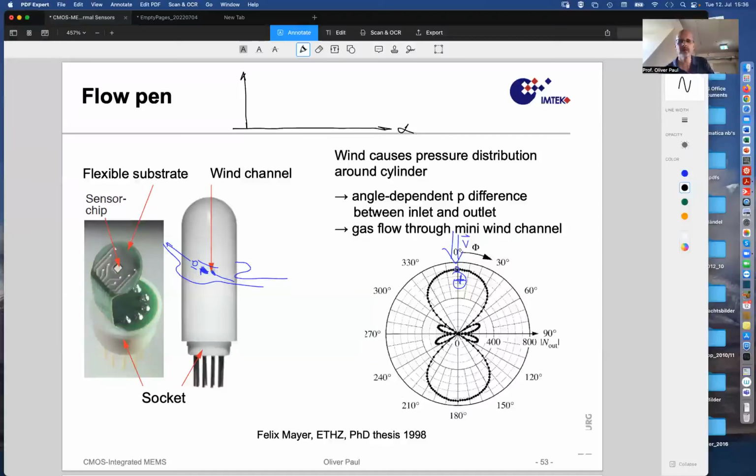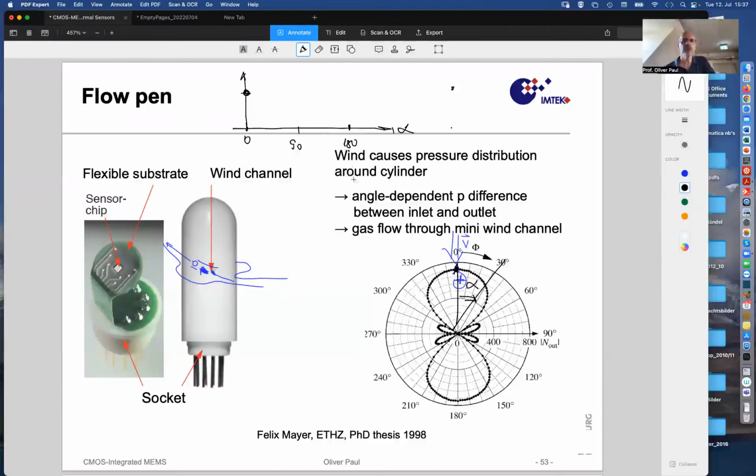Let's call this angle 0 degrees, and alpha is measured in this direction. So here is alpha, and here is 0 degrees. We have some positive signal, this one. And then obviously there is 90 degrees and there is 180, and then we come to 360, where we should be back to the origin.